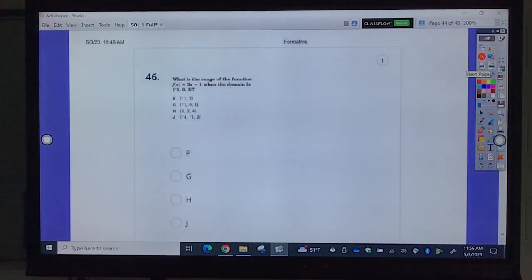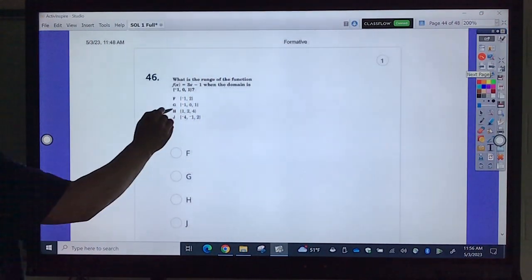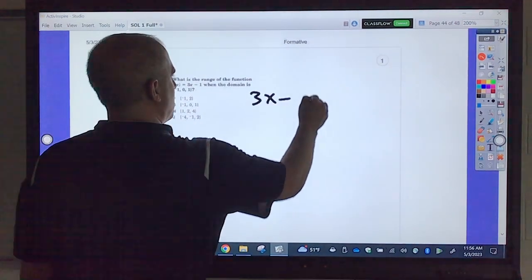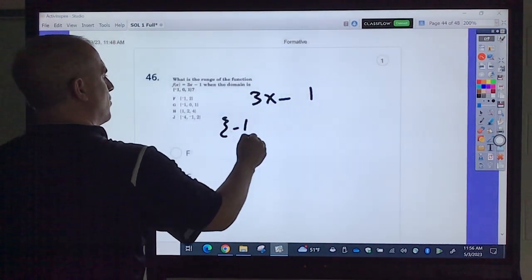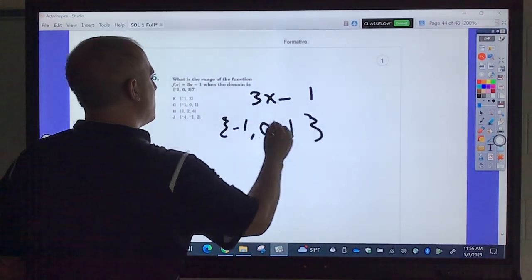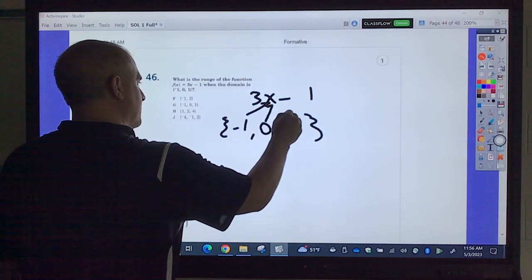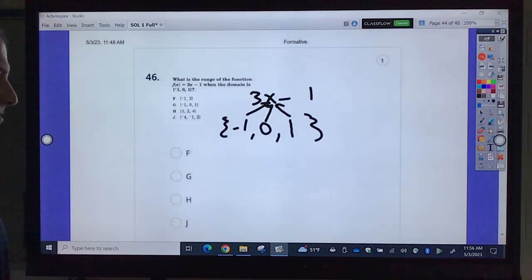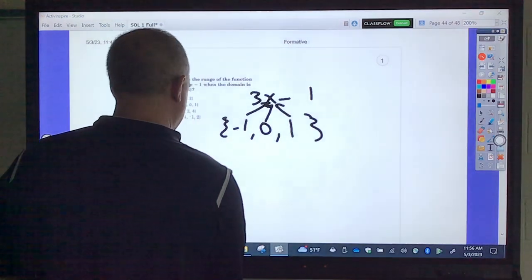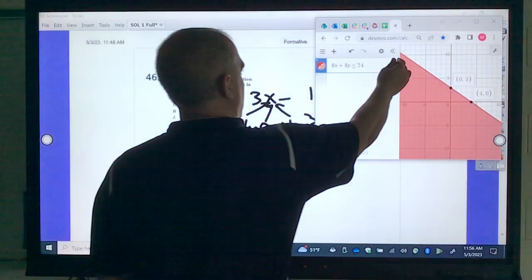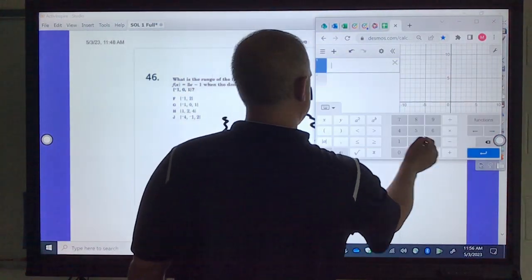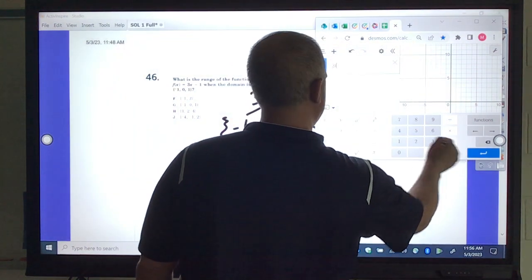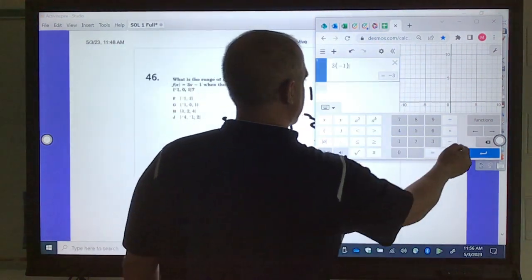All right, what is the range when the domain is this? So here is the idea. I got 3x minus 1, and I got -1, 0, and 1. What I want to do is substitute these numbers in and calculate. So I'm going to do 3 times parentheses -1, minus 1.